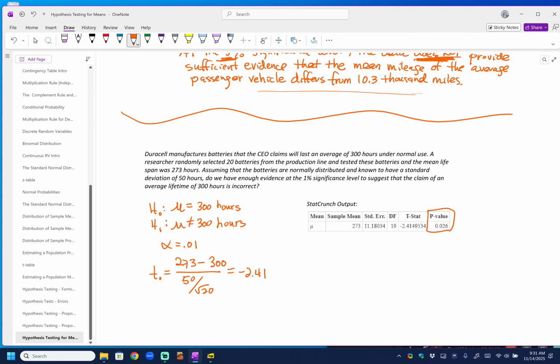So if you recall from our proportion tests, we always ask ourselves, is p less than or equal to alpha? So in this case, p is 0.026 and alpha is 0.01. And clearly that is not true. And when it's not true, we do not reject H naught.